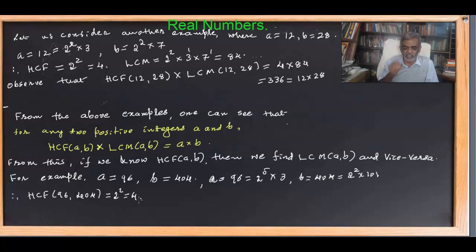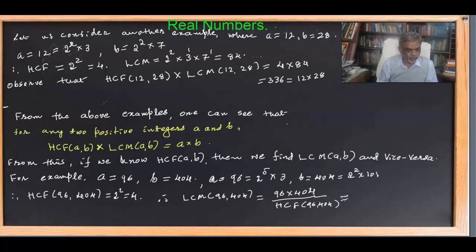Then what about using the formula which you have already written? Therefore, by the formula, the LCM of 96 and 404 equals 96 into 404 divided by the HCF of 96 and 404.